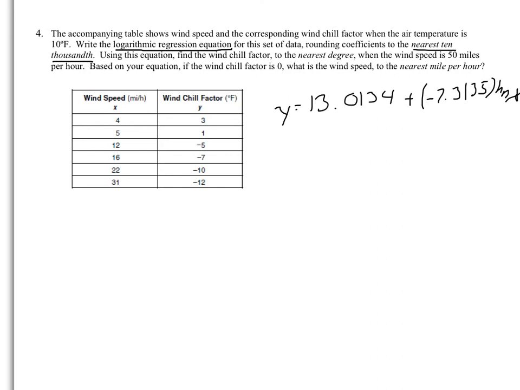The question asks, based on my equation, what would be my wind chill factor when the wind speed is... Oh, that's actually a two-part question, my apologies. Using the equation, find the wind chill factor to the nearest degree when the wind speed is 50 miles per hour. So 50 miles per hour, what would that be? It would be my input value. So first I would have y is equal to 13.0134, and I'm looking to substitute that 50 in for my x value, minus 7.3135 ln of 50.